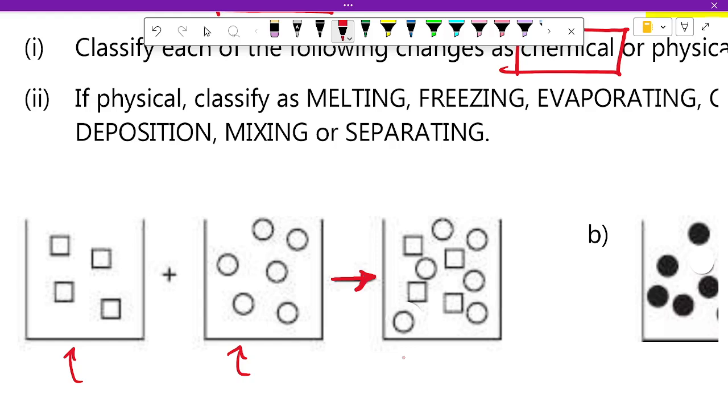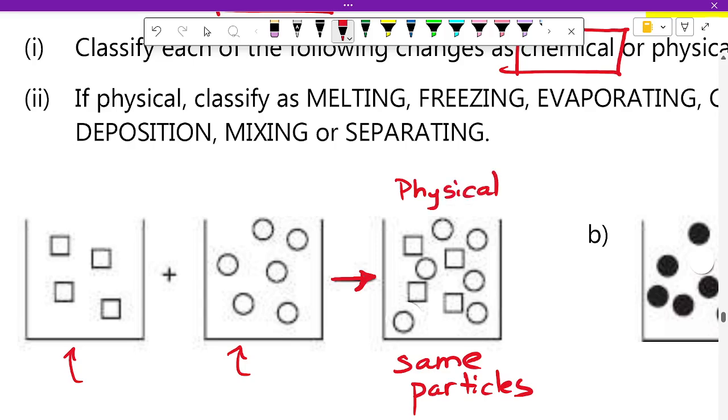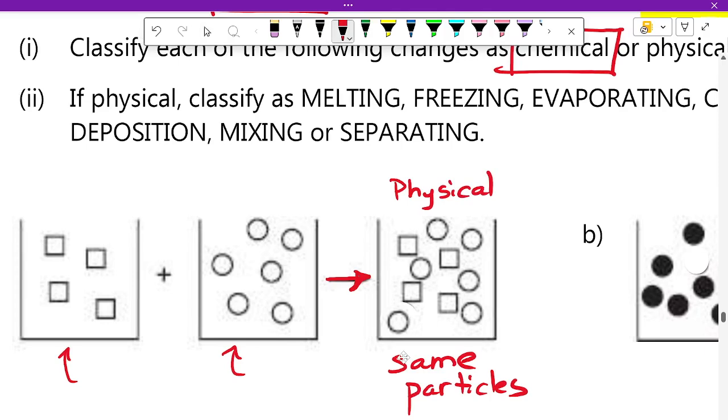Do we have new particles or the same particles as before? These are the same particles. So was that chemical or physical? Physical. We're not going to do part 2 today. We'll talk about that next day. So just part 1, just chemical or physical.